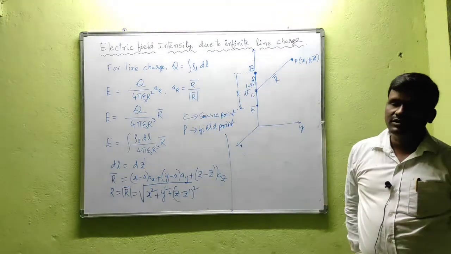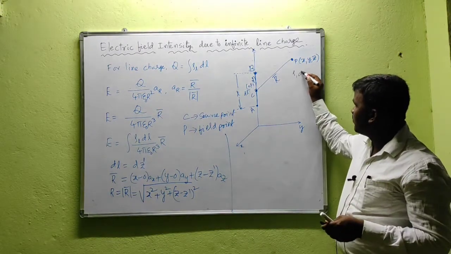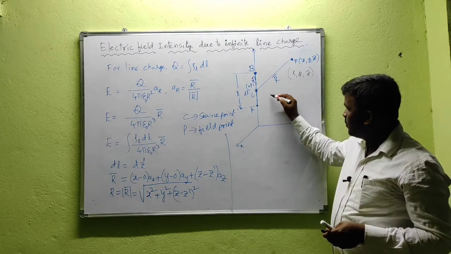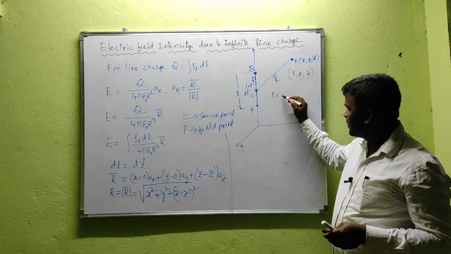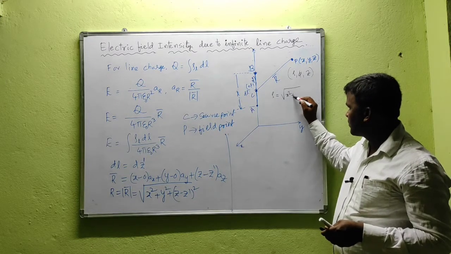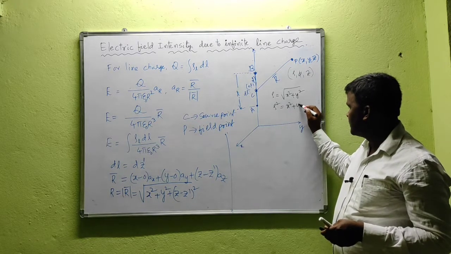Cylindrical coordinate system means the components are rho, phi, z. Now we know the relationship between rho and x comma y comma z: rho can be written as the square root of x square plus y square. Rho square means x square plus y square.